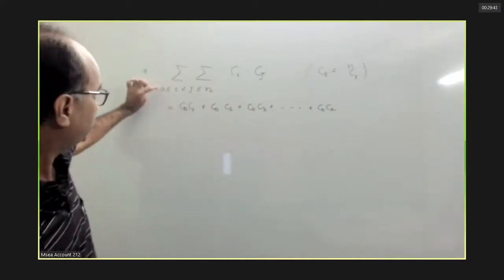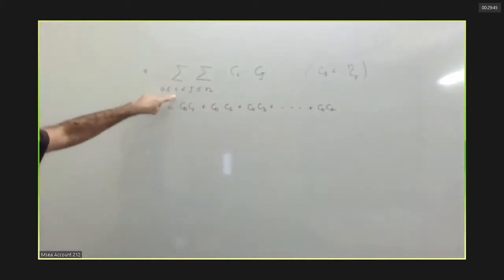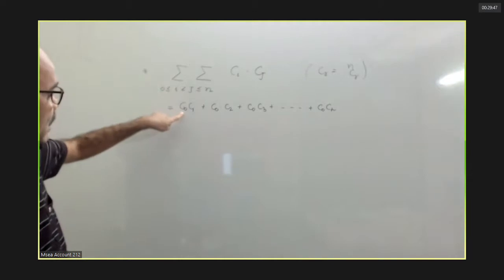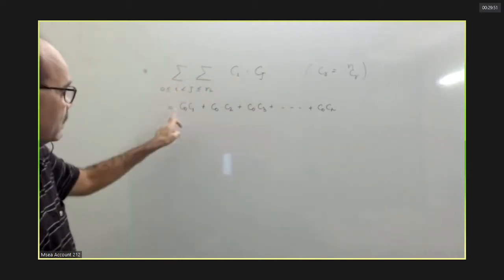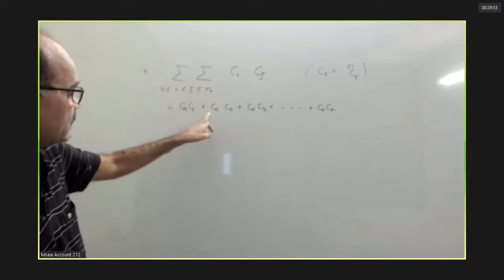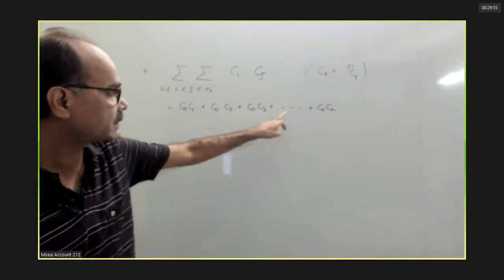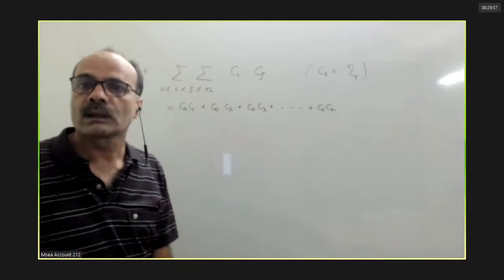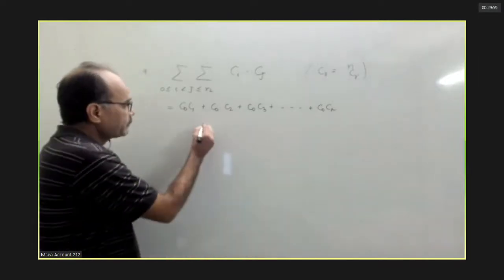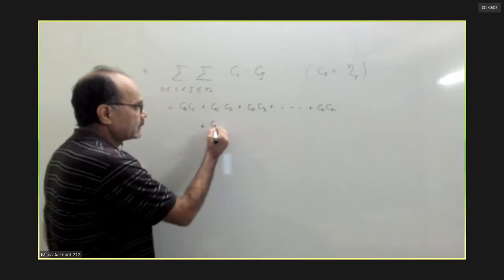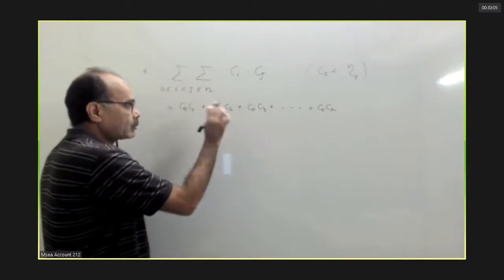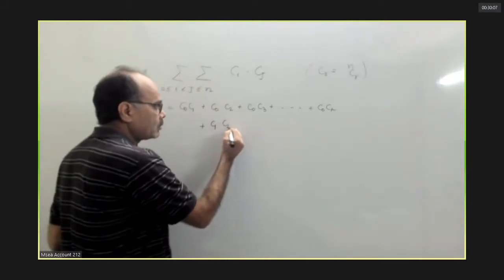What I said, fix up I equal to 0 because I starts from 0 and keep varying J from 1 to n. C0 C1 plus C0 C2 plus C0 C3 and so on. Next, fix up I equal to 1, C1. Keep varying J 2 to n.